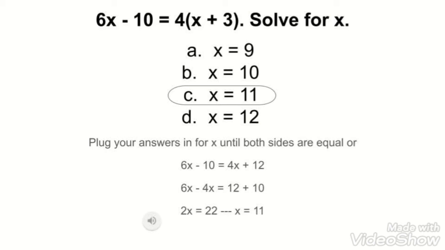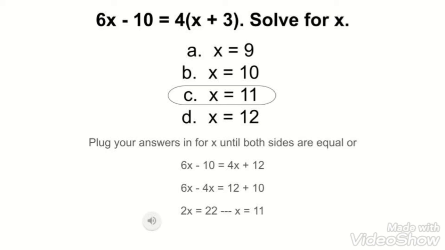You know what I mean? Like you can take that 10, say X equals 10, and we put a 10 everywhere we see an X at the top. So that is 6 times 10 minus 10. So that's 60 minus 10. This side is 50, right? And this side is 4 times 10 plus 3.